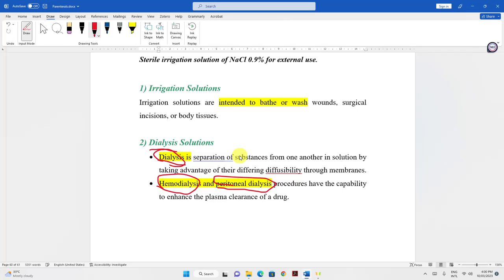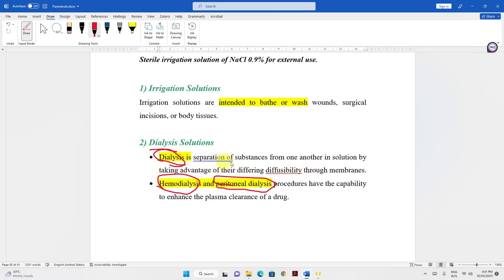Some of the material from the dialysis fluid might go into the blood, but there is separation between them. Dialysis fluids do not go directly into the blood circulation.